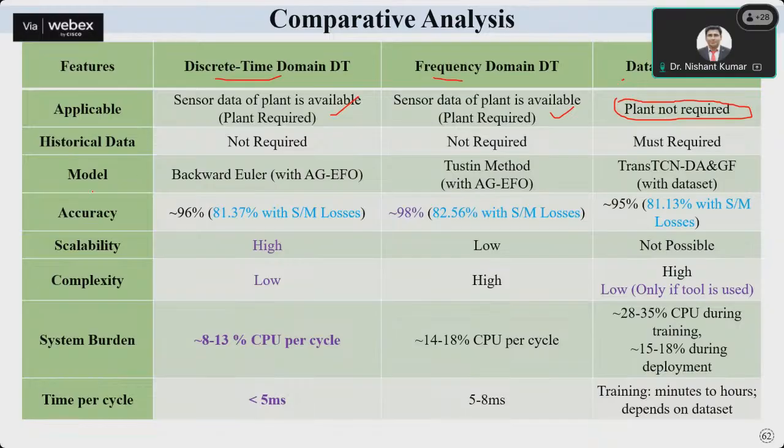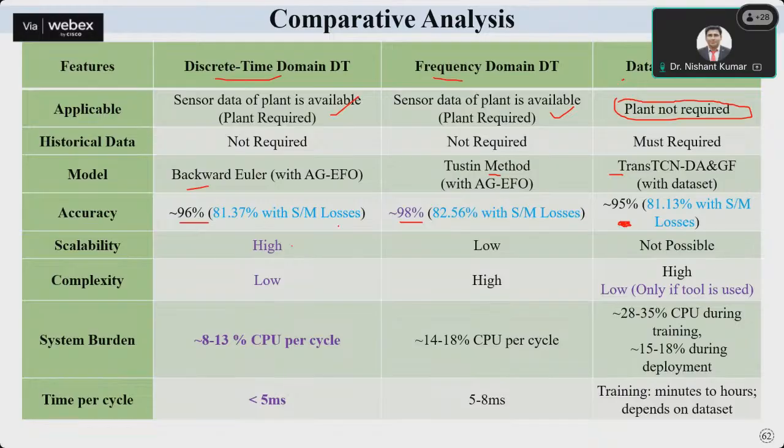Another is the model side. Here we have used backward Euler, here trapezoidal, and here we are using the ML model. Accuracy is around 96, here 98, and this is 95. On this side it may be higher also; it will depend on the accuracy and the machine learning selection. Maybe advanced machine learning can be used to reach higher accuracy. This completely depends on the machine learning, nothing else.